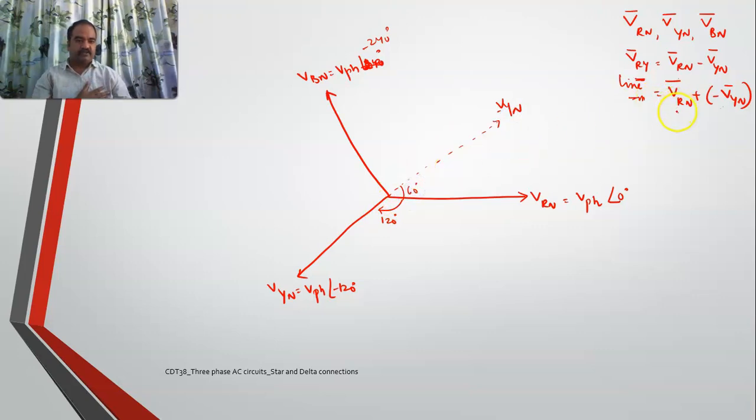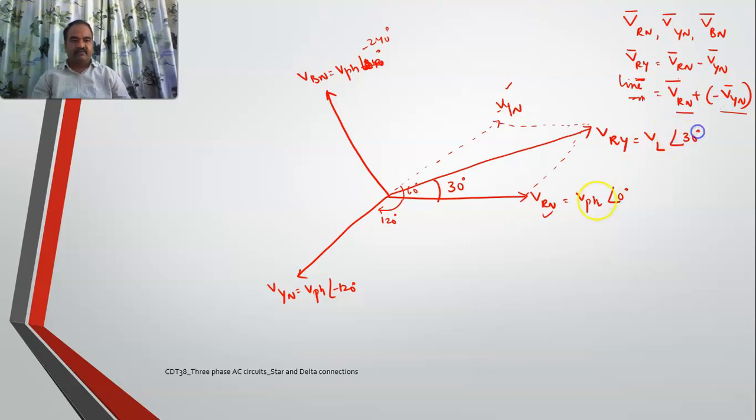Now I should add these two vectors, VRN and minus VYN, by the parallelogram law of addition. This is my VRY. Both are equal, so the angle will be perfectly half, so it is 30 degrees. So this is my line voltage. If I take its magnitude as VL, its angle will be 30 degrees ahead of the corresponding phase voltage.